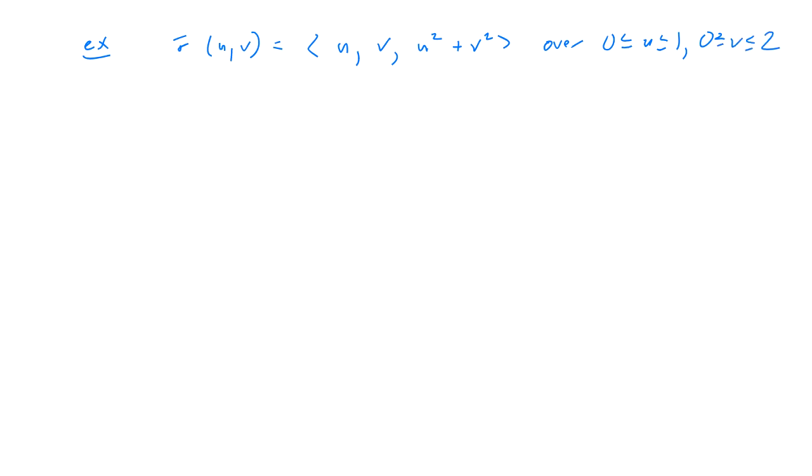Here is a surface over a rectangular region. And what I'm saying here is you'll notice I can also think of this as our x, y. And I'm just letting the two variables be themselves.